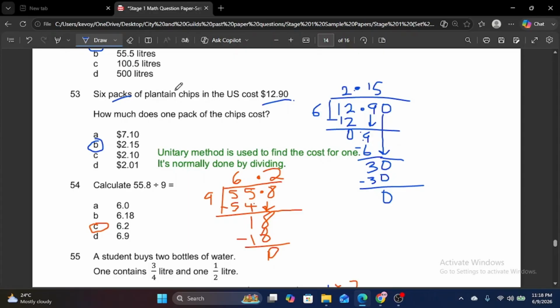So if 6 packs cost $12.90, in order to find the cost for one, all you'll be doing is dividing. So divide the $12.90 by 6, and you'll get $2.15. So that would be B for that answer.